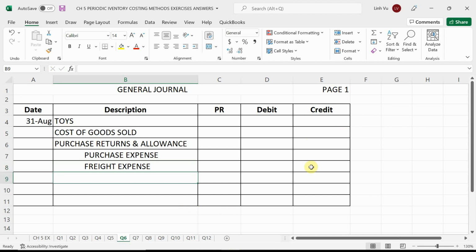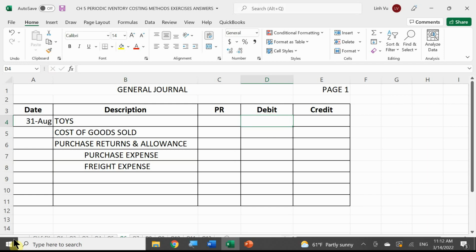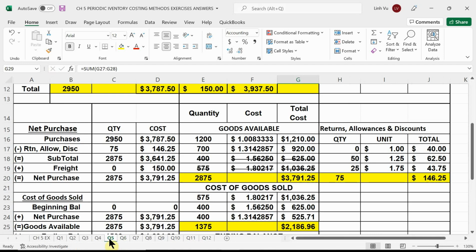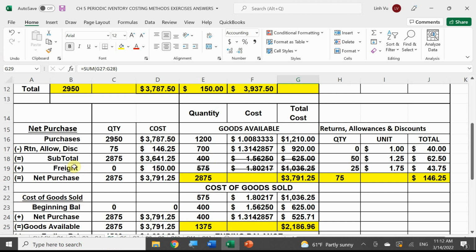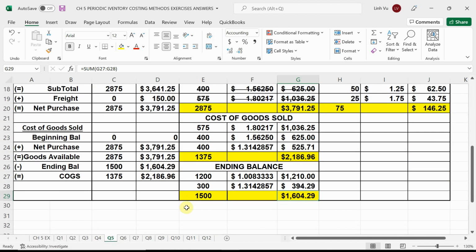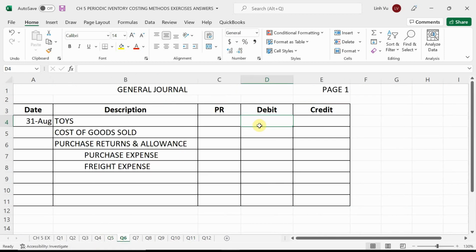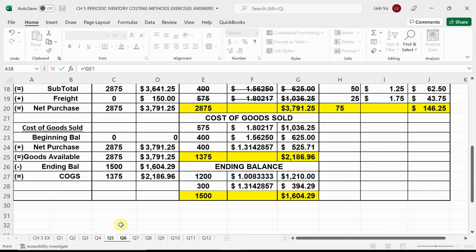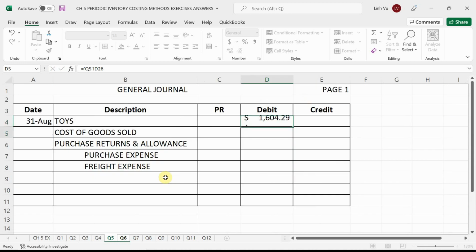Okay. So what was the total value of my ending inventory? Good. 1604.29. What's the total value of the cost of goods sold?